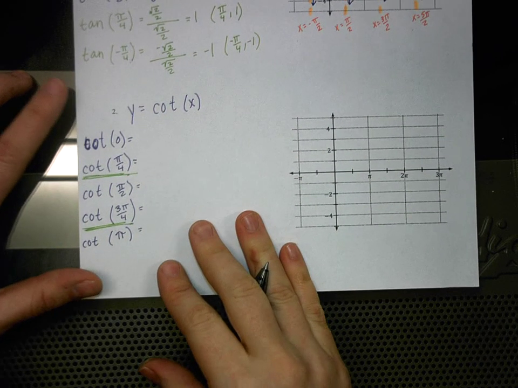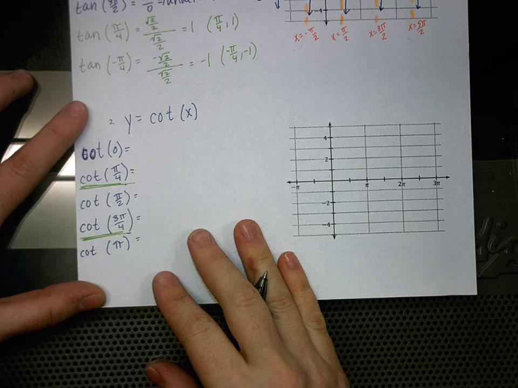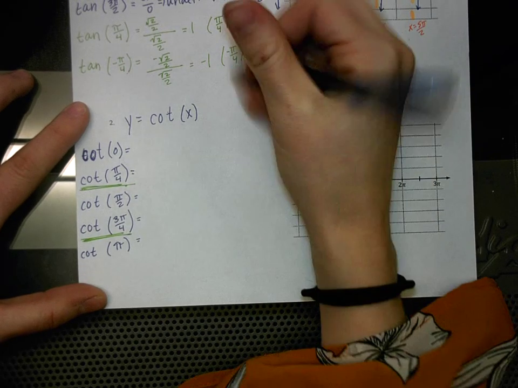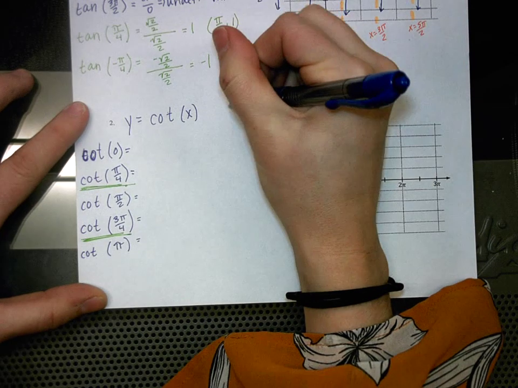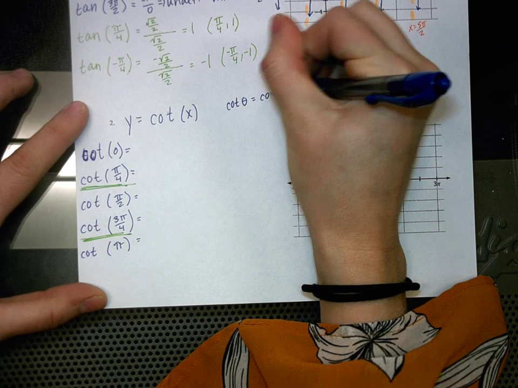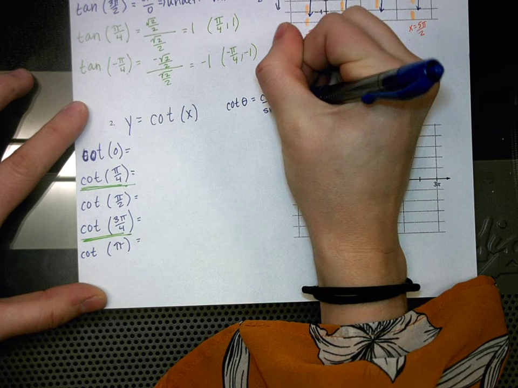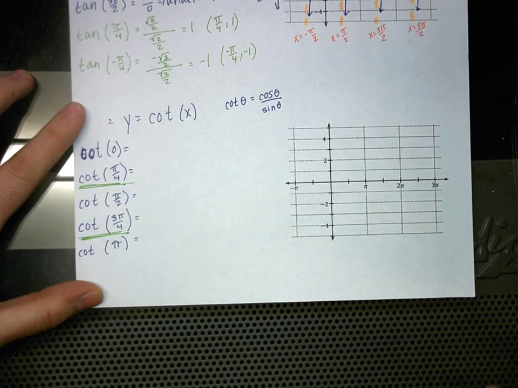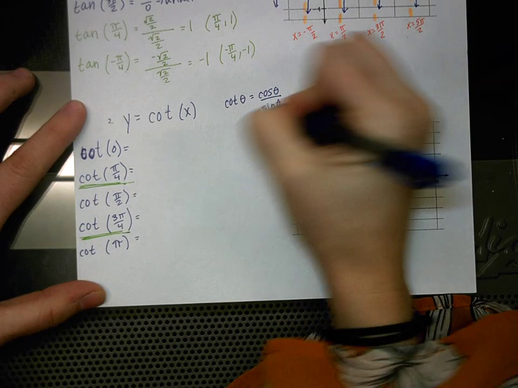Okay, cotangent of 0. So remember, cotangent is going to be cosine over sine. So that's x over y.